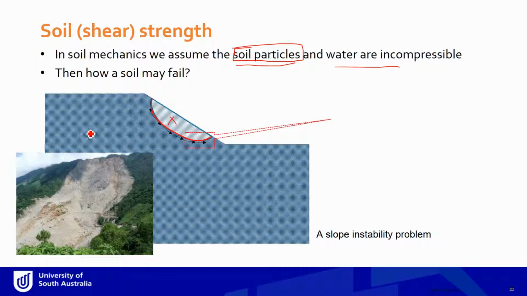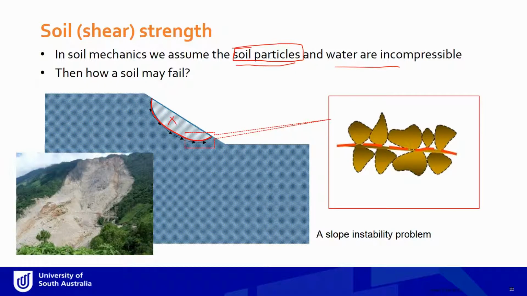Let's look at just a small section of this, and if we magnify it, what we will see, a layer of soil has to slide past another layer of soil to make a failure like this happen. That's where the strength of the soil, we call it shear strength. It's basically all the failure of a soil happens because of some layer is shearing past the other.